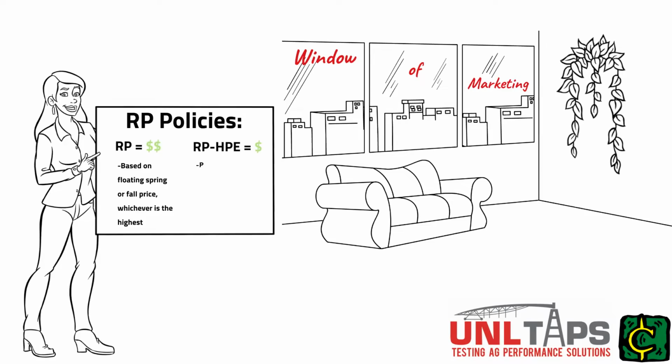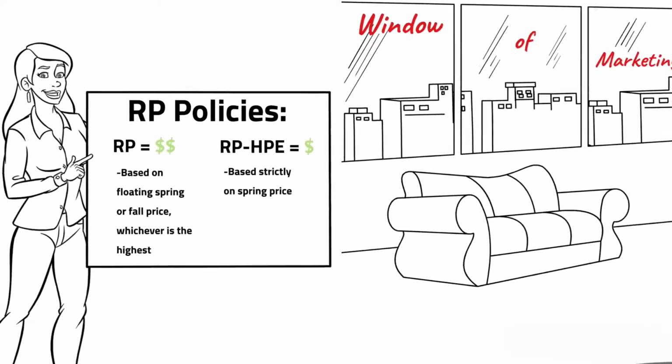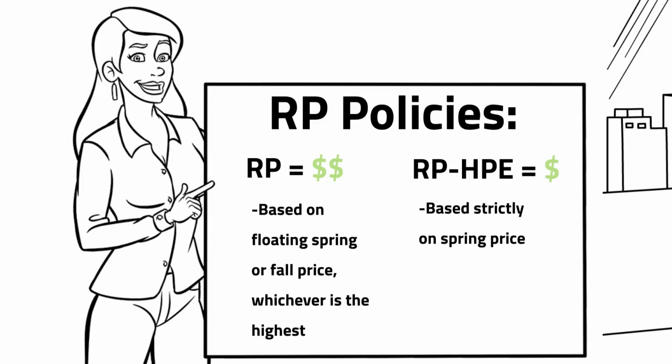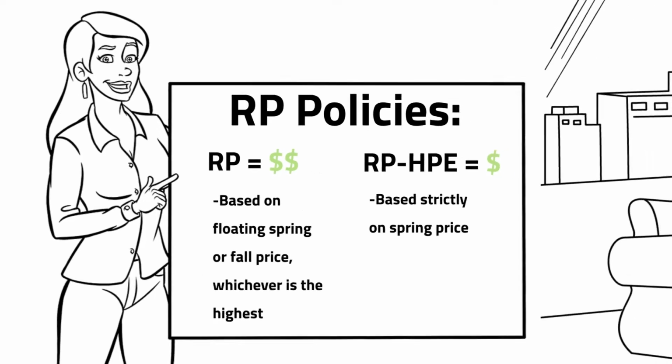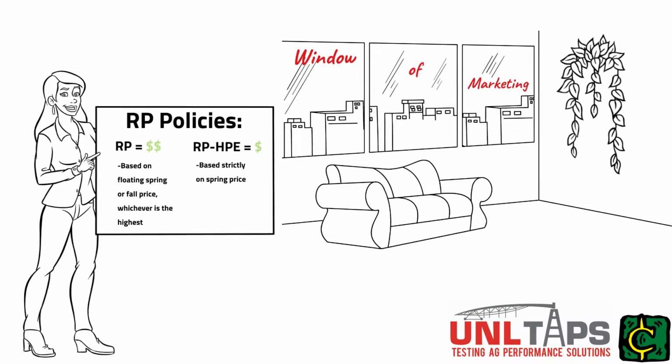RP insurances may be triggered by a yield loss, a drop in the price, or both. While both types of RP insurance are designed to ensure a specific revenue, RP is the more expensive version and bases its guaranteed revenue on a floating spring or fall price, whichever is highest, whereas RP-HPE is strictly based on the spring price for the revenue guarantee.